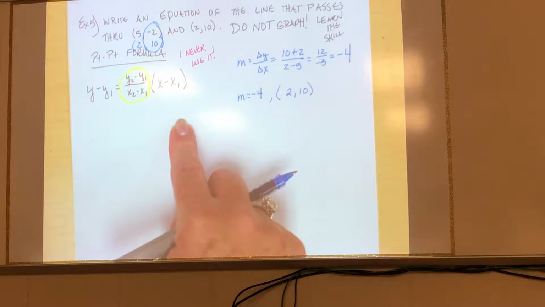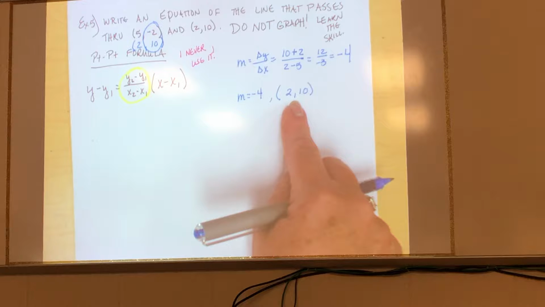And I'm like, no, you don't have to do it with both points. That's a waste of your time. Just choose a point. But I'm always going to choose a point that has no negatives, if I can, or at least the least amount of negatives, okay? And if there's a point that has a 0 in it, I'm going to choose that point because it will be easier, okay?